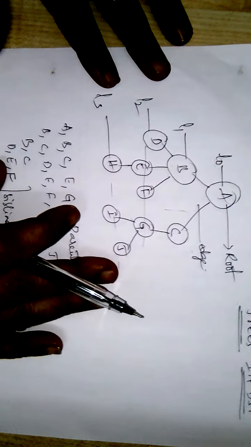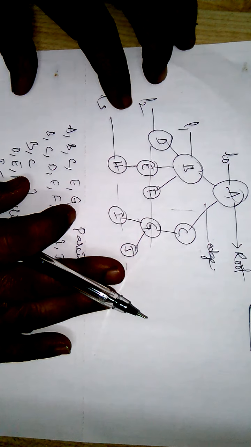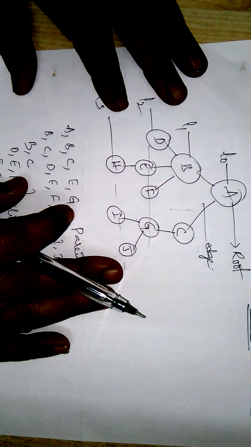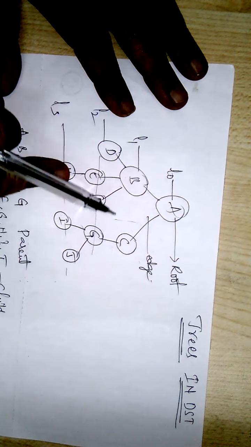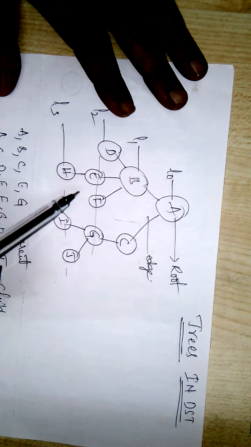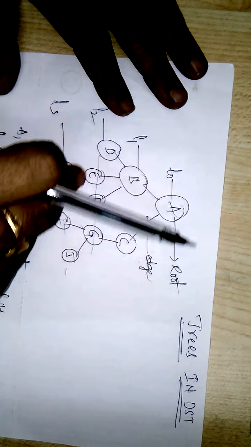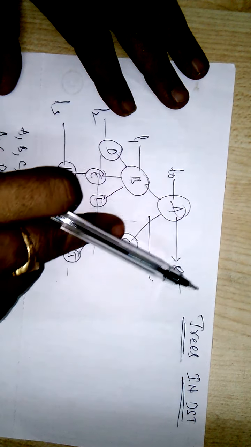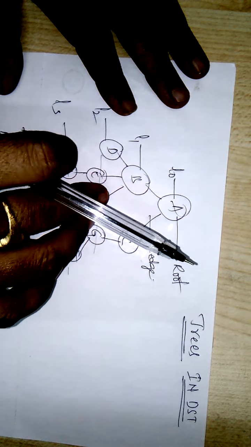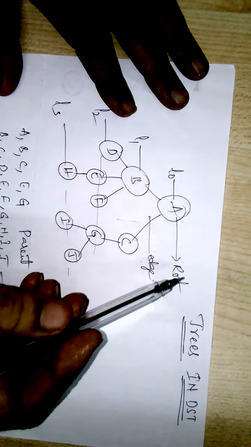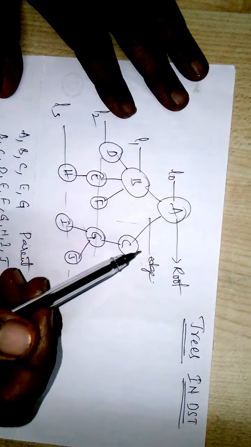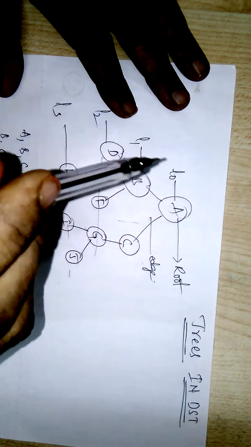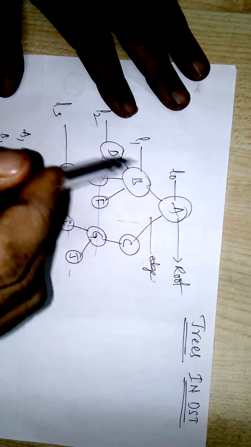We can define the tree data structure as a non-linear data structure which organizes data in a hierarchical structure. This is called hierarchical format, tree format, where it consists of roots and children. The tree is also a recursive definition, where we perform operations using recursion.